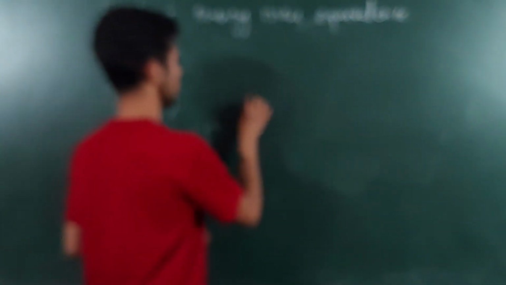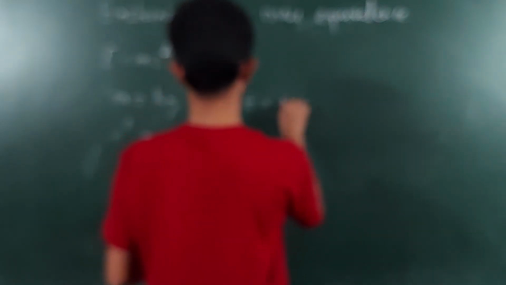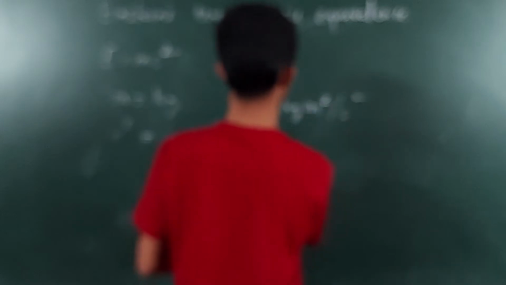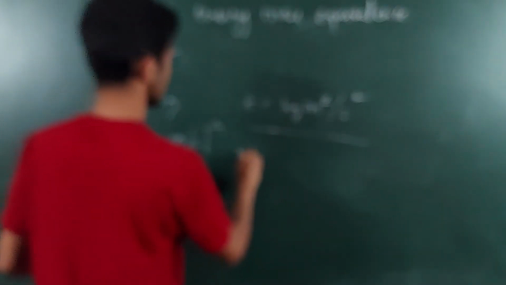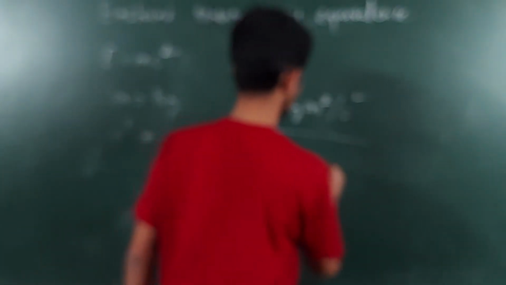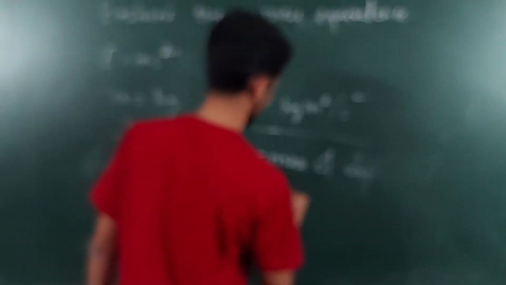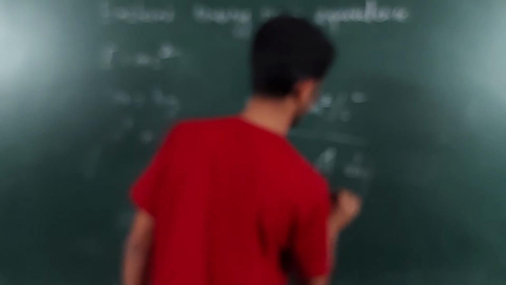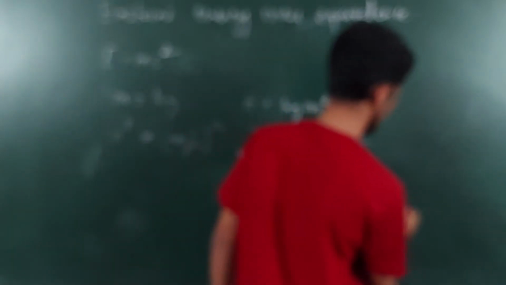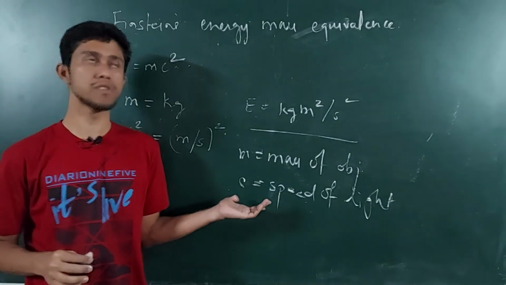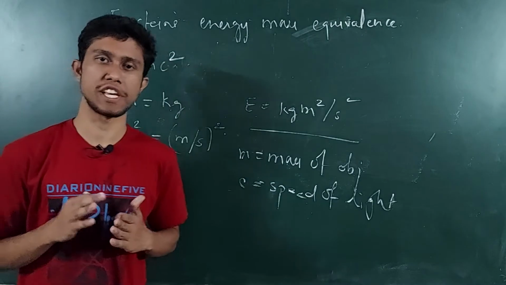So E is equals to kg meter square per second square. Here m is the mass of the object and c is the speed of light, which is nothing but 3 into 10 raised to power 8 meters per second. So in this way we have known what is Einstein's energy mass equivalence.